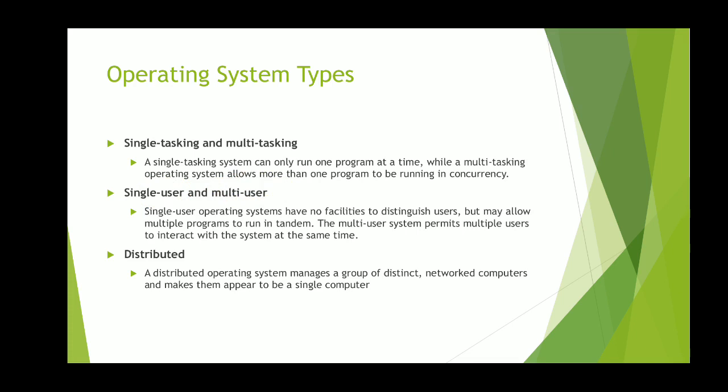Almost all new types of operating systems are multi-user operating systems. Examples of multi-user operating systems are Windows 7, Windows 10, Windows XP, Linux, which includes Ubuntu, Fedora, CentOS, etc., Android, and Mac operating systems.